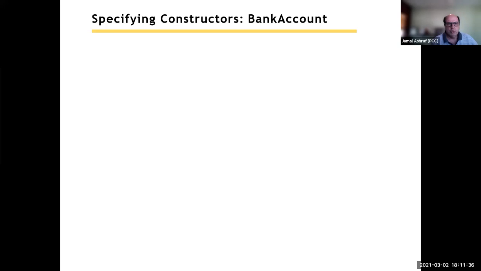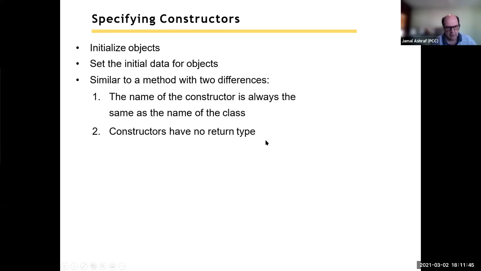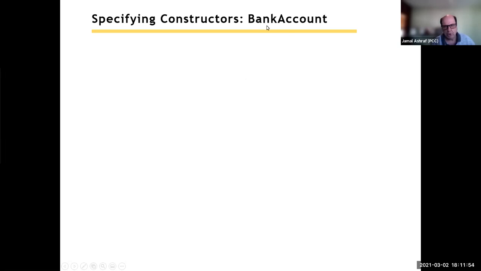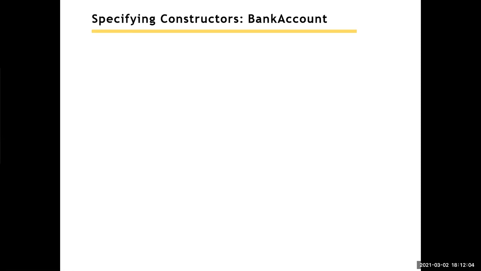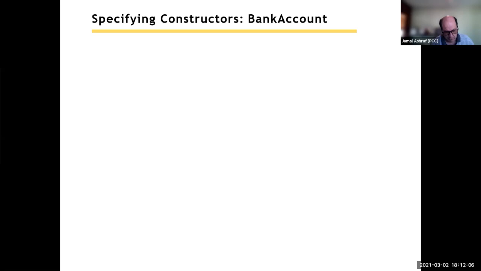Okay, so what about the constructors for bank accounts? What is going to be my constructor for my bank account? Remember what he said. He said it's going to have the same name as the class, and it doesn't have a return value. So the constructor for the bank account is going to be called what? Bank account. It does not have a return value, but can I have parameters?